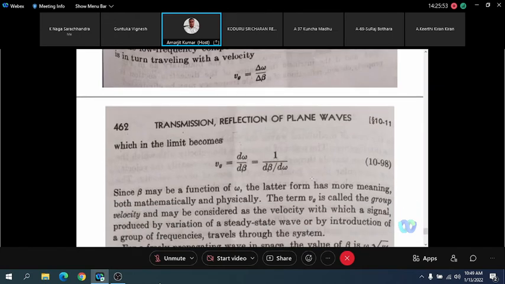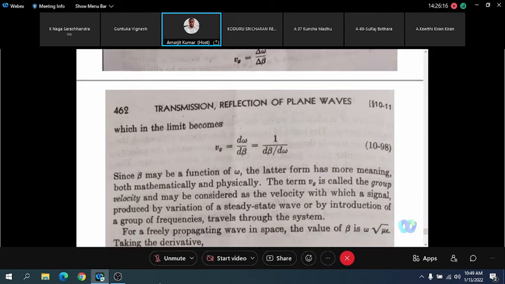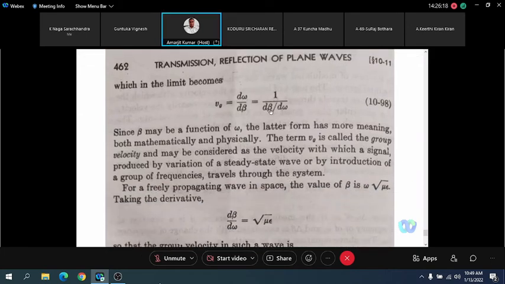You will ask why we are writing it this way. We are writing it this way because the medium is dispersive, and beta is a function of frequency. So we have written it for the dispersive medium, where the phase constant beta is a function of frequency. Okay, 1 upon d beta by d omega.